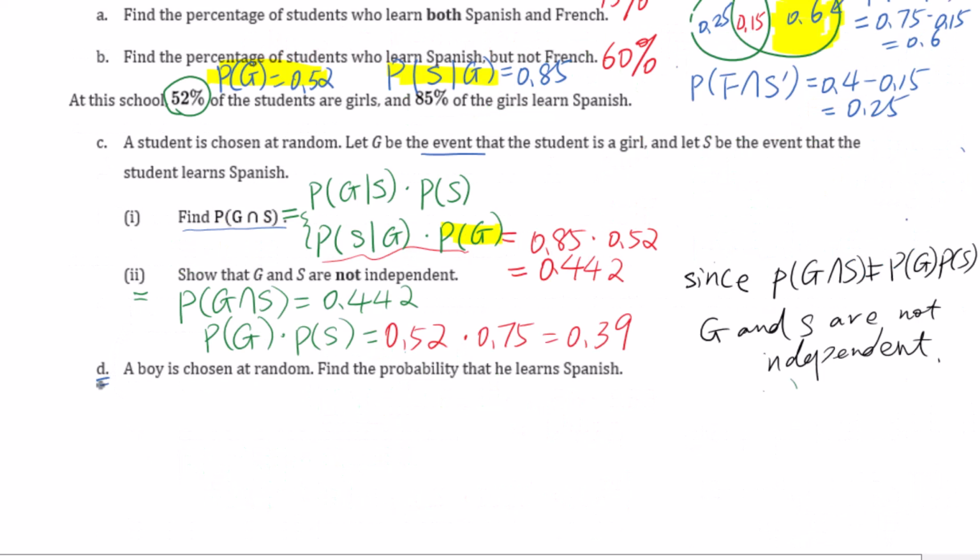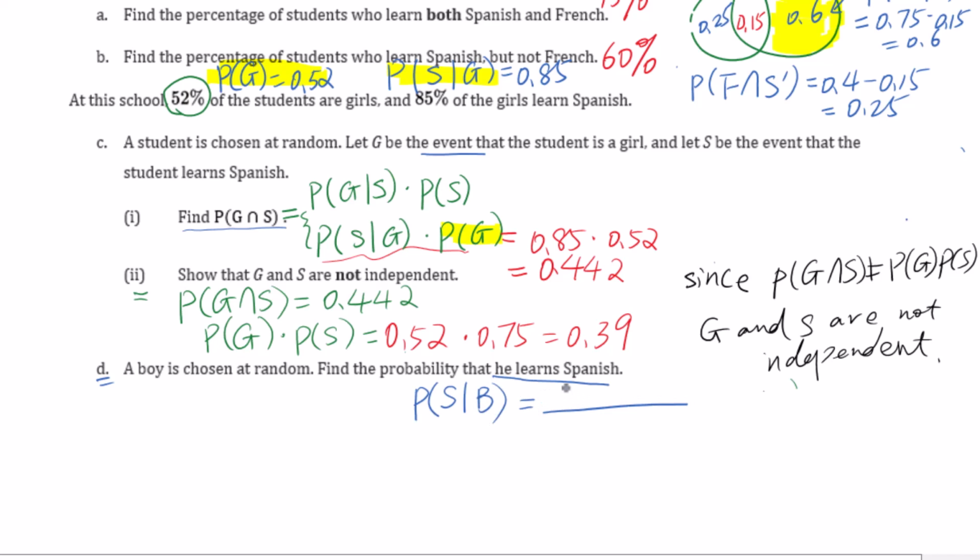Let's go to D. A boy is chosen at random. Find the probability that he learns Spanish. A boy is chosen at random. This will be conditional probability. We are looking for probability of Spanish given boys.